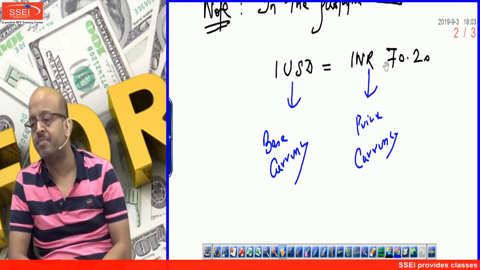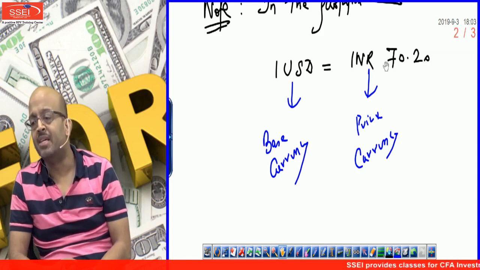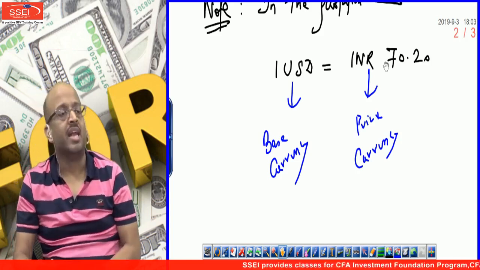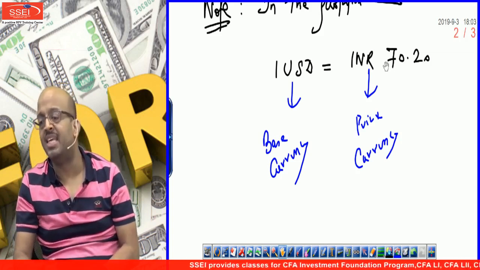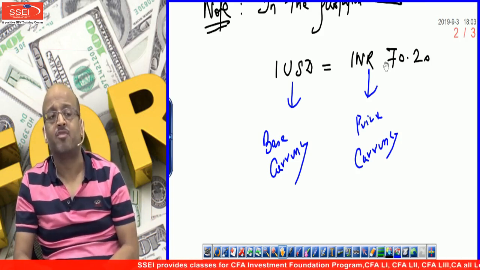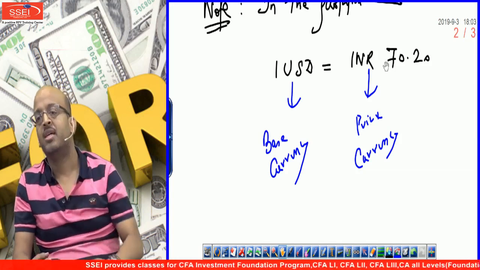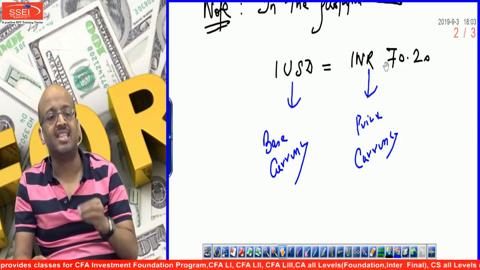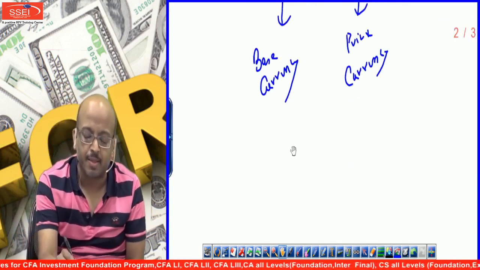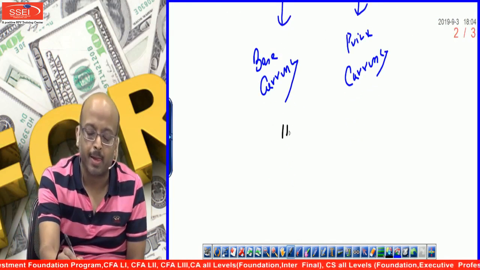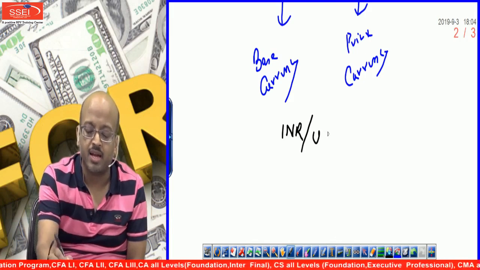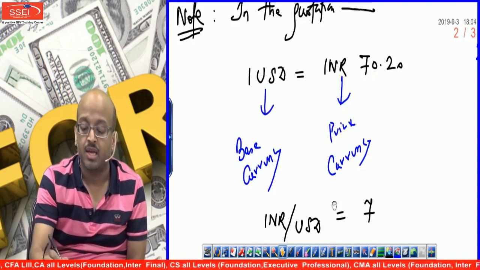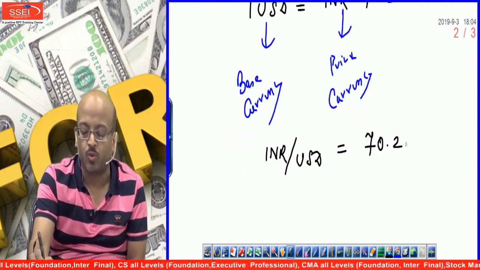Next line. 90% of the time ICAI writes the above quotation as INR oblique USD equal to 70.2.